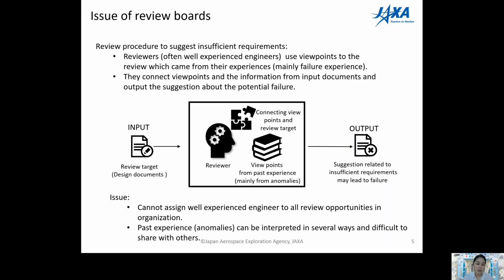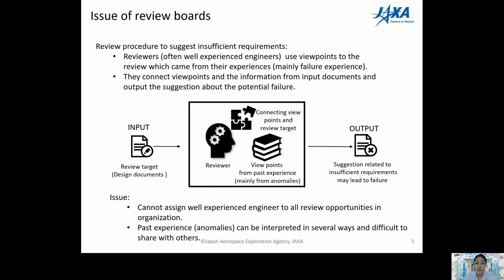They extract viewpoints from their experience and connect them with information from input documents, which means the review target, and output suggestions about the potential failure, which means the possibility of insufficient requirement.